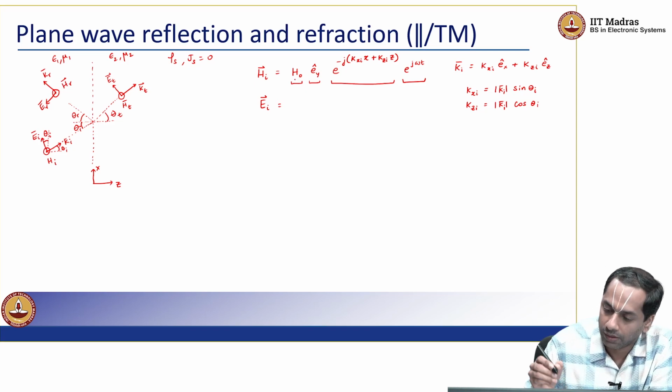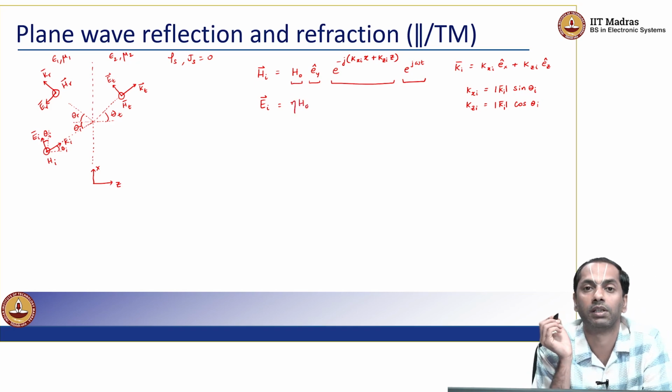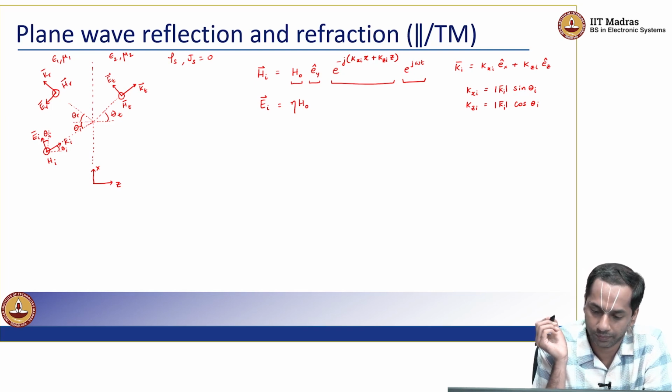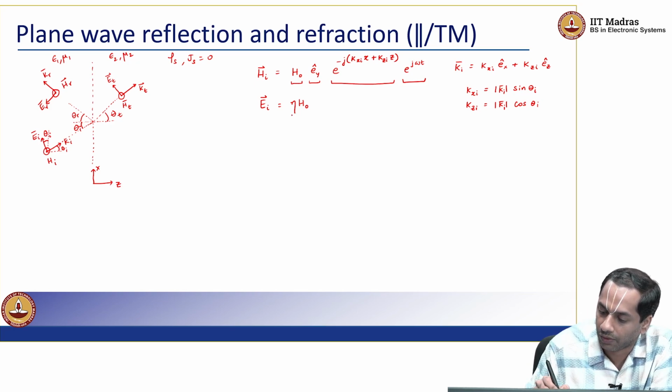So what is the magnitude? It is simply the wave impedance multiplied by the magnetic field intensity, right. So I have my magnitude, but then what is my direction?